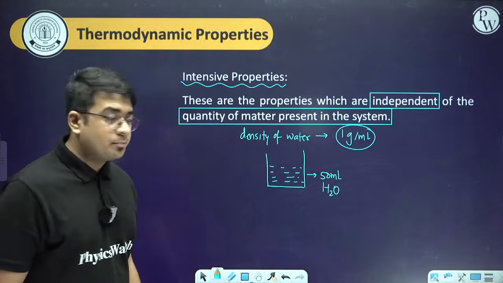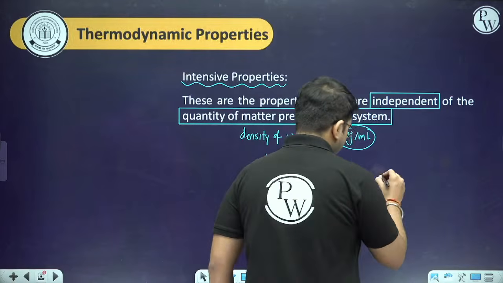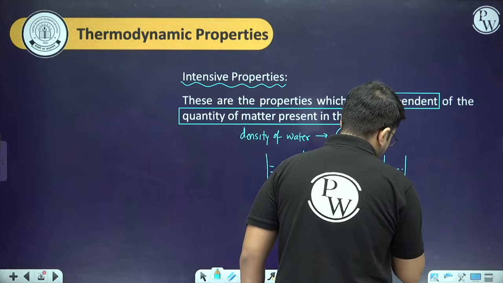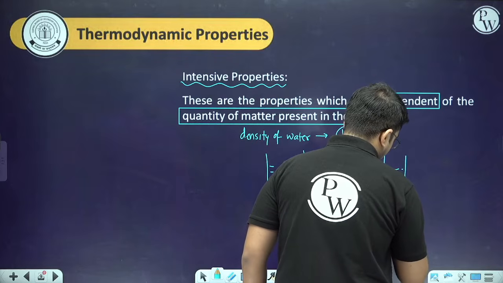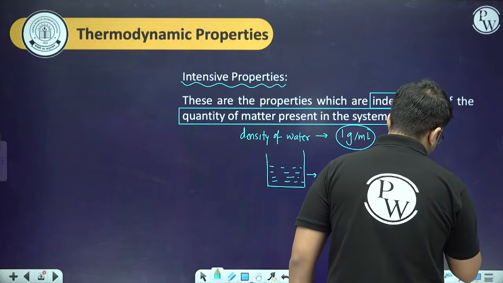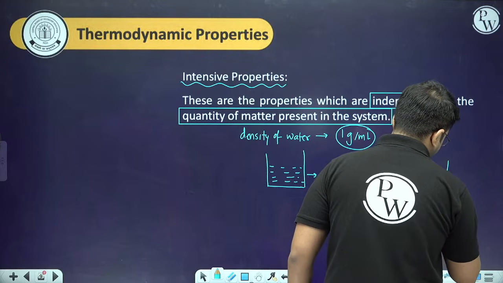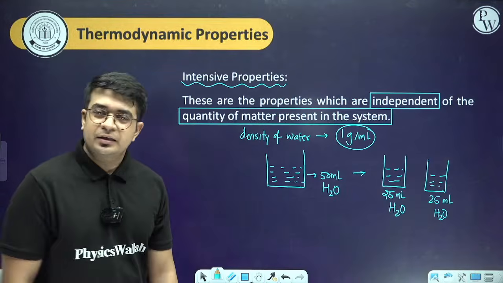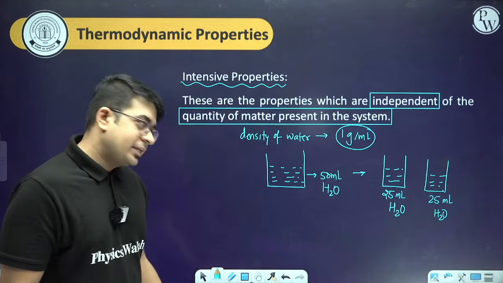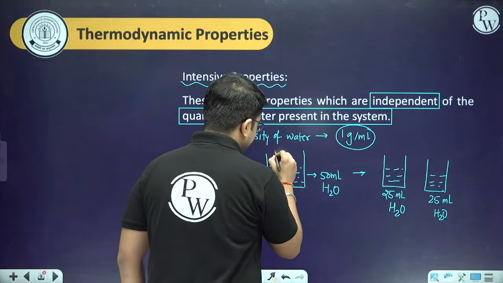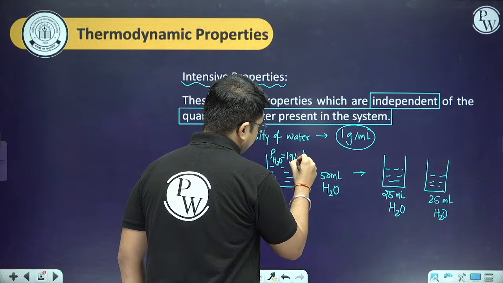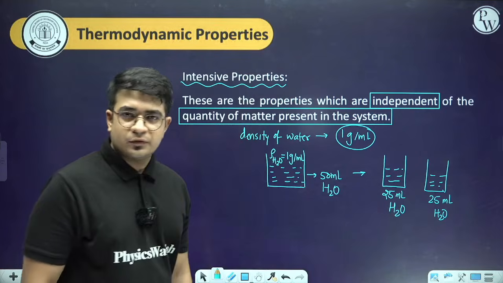Now let's say I am bifurcating this entire part into two small containers. So this is one container having 25 ml of water, and in the next container again you have 25 ml of water. Now in both the cases, can you tell me the density of water? Yes, in the first case the density of water is nothing but 1 gram per ml, which is true.